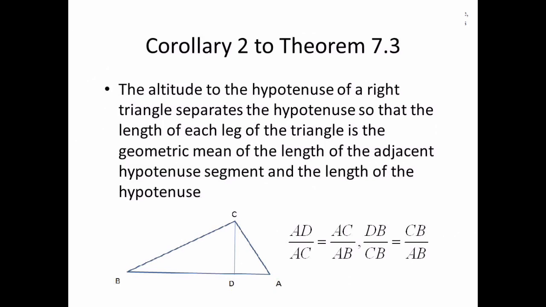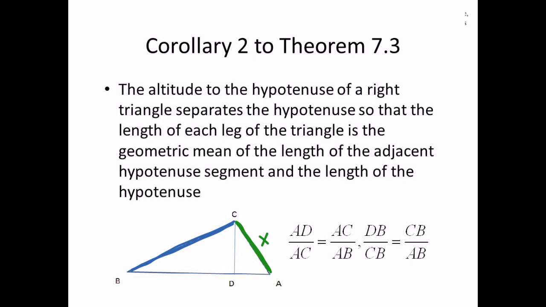Our second corollary is a little bit more complicated, but all you need to know is that for this one, we do use the smaller triangles that the altitude breaks it into, but we're not actually talking about the triangles. What happens is we're going to use the leg here in green, or the other leg here in blue of the Papa triangle.